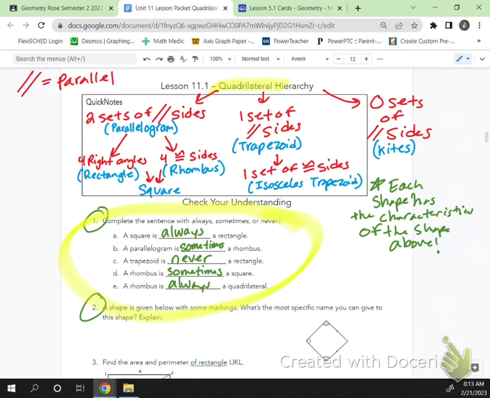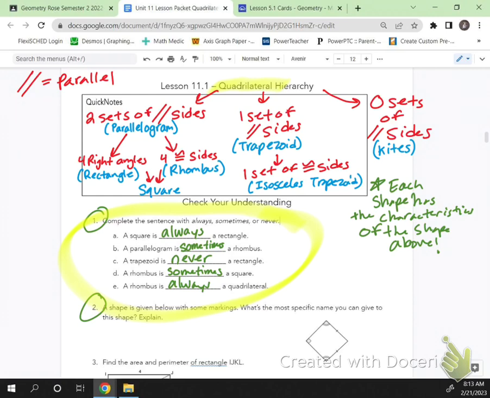Number 2. A shape is given below with some markings. What's the most specific name you can give to this shape? Did you do it yet? What do you think? What's the most specific name you could give to this shape? Ideas? A rhombus. A rhombus has 4 congruent sides. Okay. We're trying stuff.